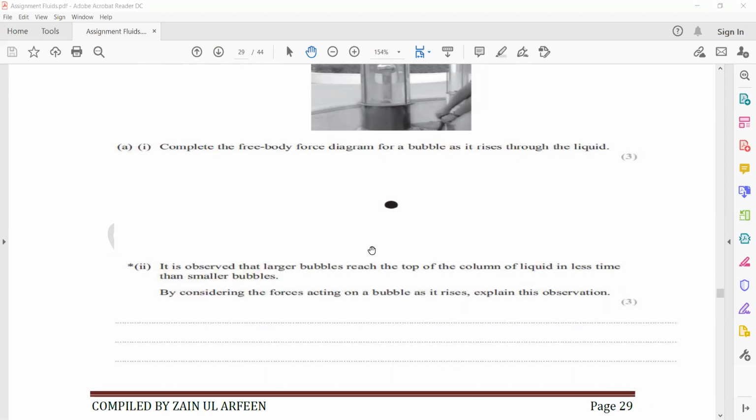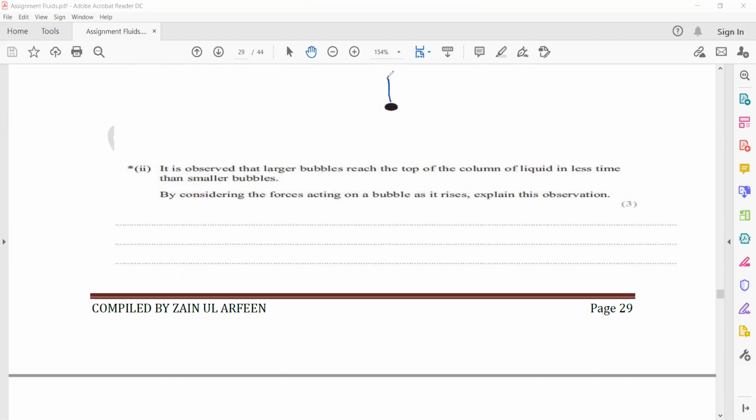So basically, why are they rising? Because there is an upward force, that is upthrust, and the downward force is the weight. Upthrust depends on the density of the fluid, and that is the same for both bubbles. For a large bubble or a small bubble, the density of fluid around them is the same. The second thing is the volume of the object and gravity. When you check, the size is changing.